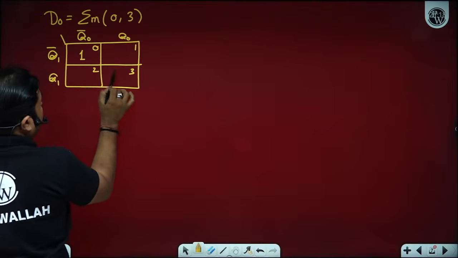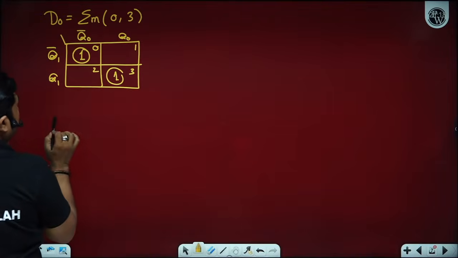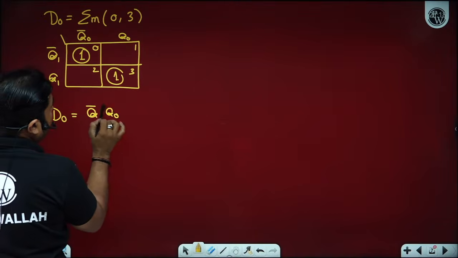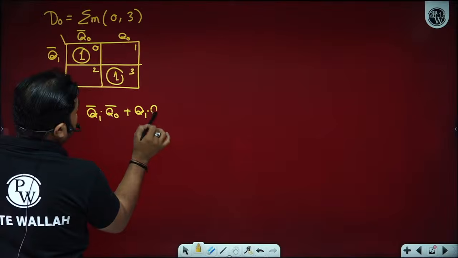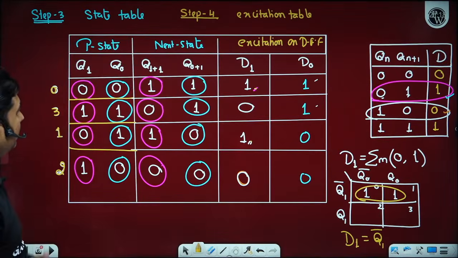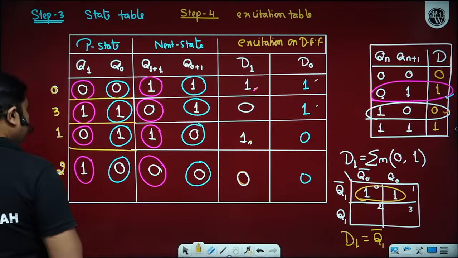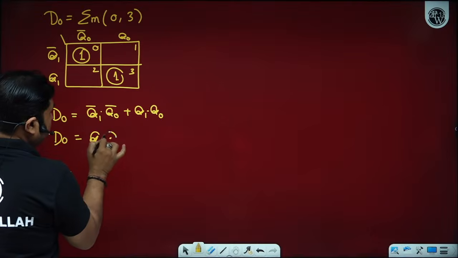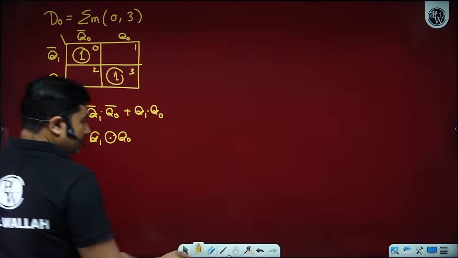We are getting high on these two conditions. So D0 will become Q1 complement Q0 complement plus Q1 Q0. Is it okay? Yes, sir. It indicates we have D0 equal to Q1 XNOR Q0. Is it okay, beta ji?